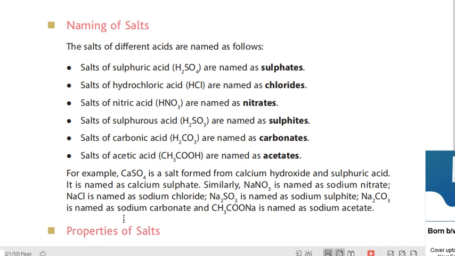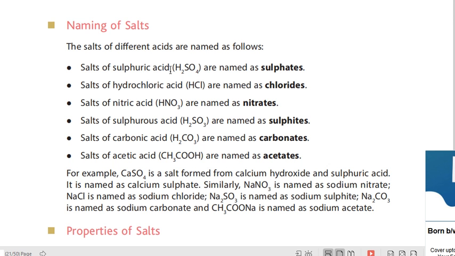To name a salt, I will see the name of the acid first, because the name of the salt is basically dependent on the name of the acid. For example, the salt of sulfuric acid is named as sulfate.